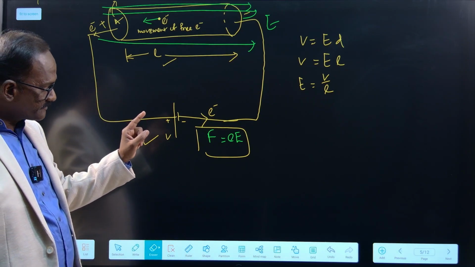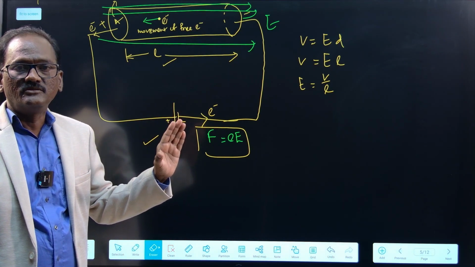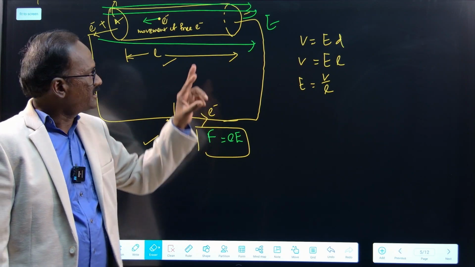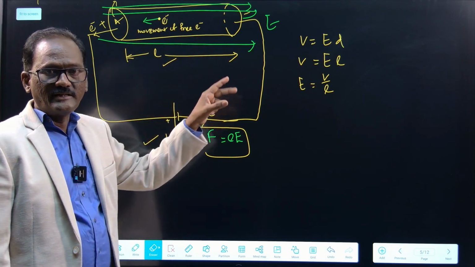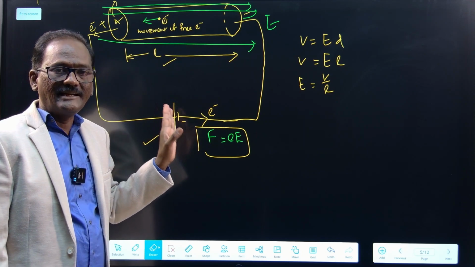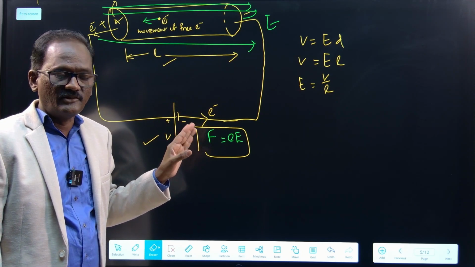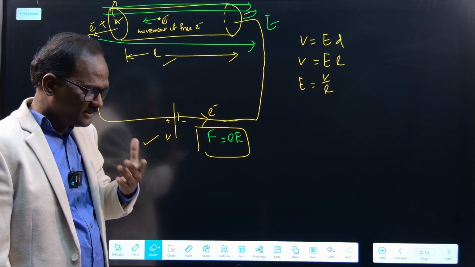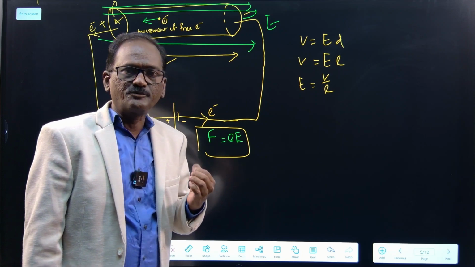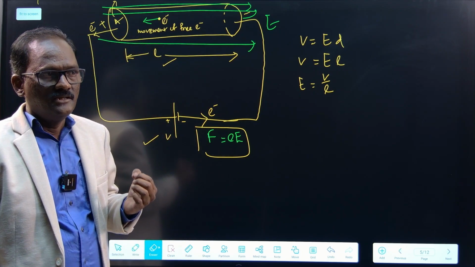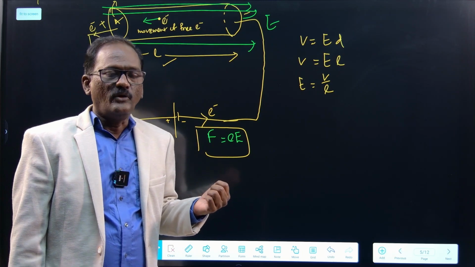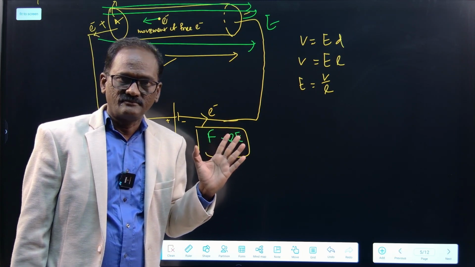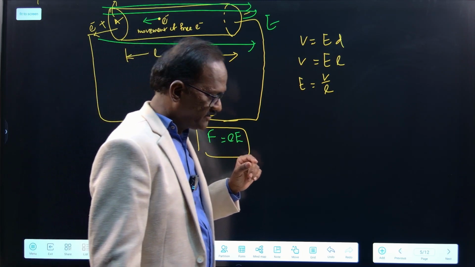Now, we are going to discuss the velocity of these electrons. They are moving in this circuit through the battery. Let us find the expression for the velocity, that is drift velocity, right? Before talking about the expression for drift velocity, let us find the meaning of drift velocity. Why is it not simply velocity? Why is it called drift velocity?